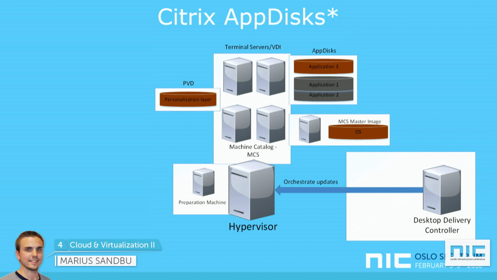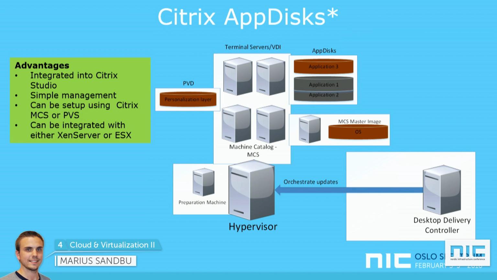And then you have PVD, which contains the personalization layer. And then you have AppDisks, which will be the application layer feature that Citrix has, which will either integrate into Citrix Studio, or can be used against Machine Creation Services or PVS. It's going to work on XenServer or ESX.